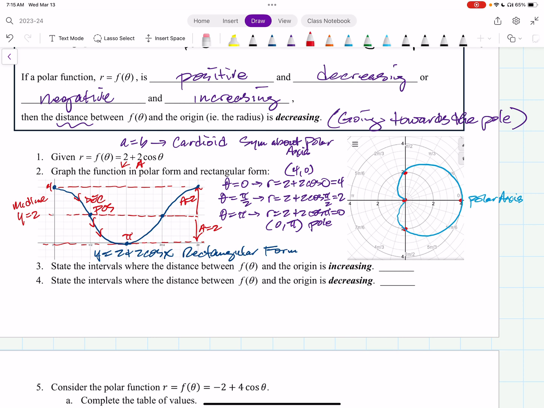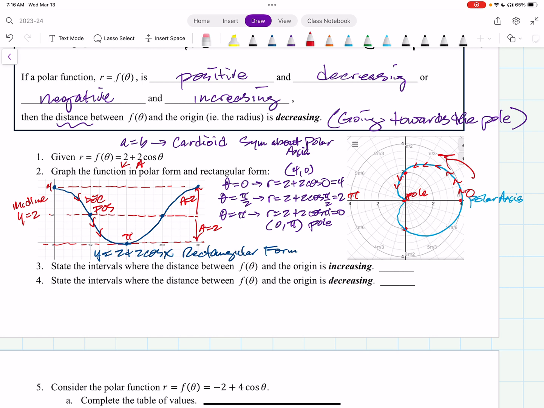All right, so from 0 to pi, on the x-axis we start at 0 here, and then we go this way to pi. If you draw some arrows from 0 to pi, notice that if you're just cruising along the polar curve right here, you're getting closer to the pole. So decreasing and positive, in terms of looking at the function in polar form, means that the distance from the pole is decreasing.